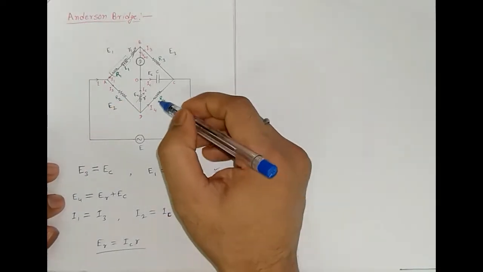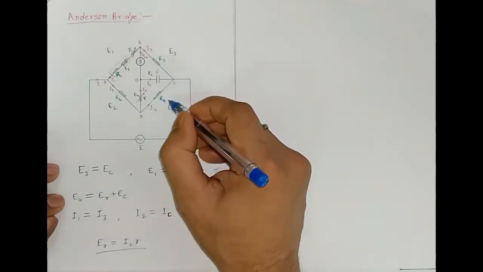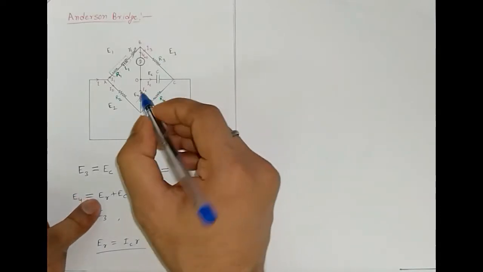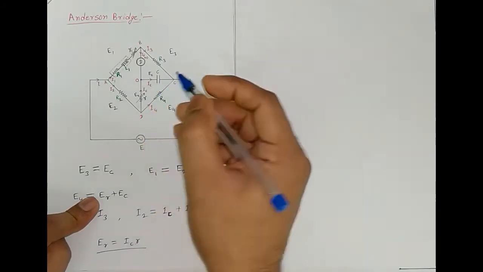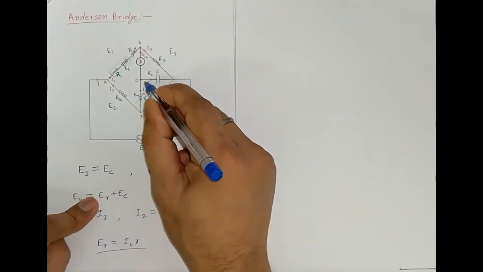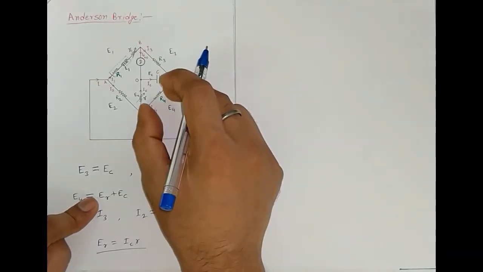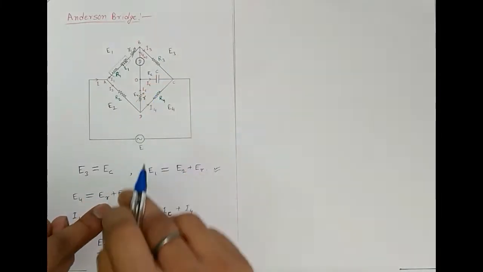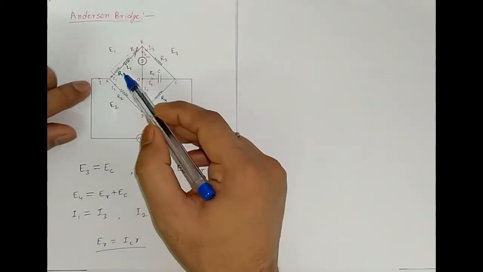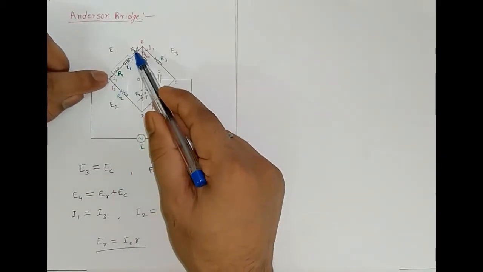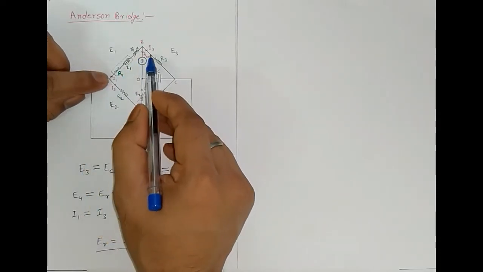In a similar way, E4 is the potential drop across points D and C, so according to KVL, E4 equals ER plus EC, because this path and this path are in parallel. Now, since there is no current in this path, I1 will be equal to I3.